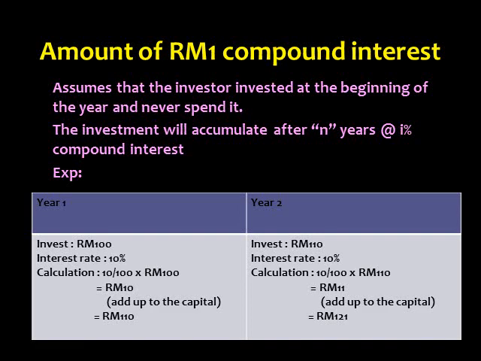This is what will happen year by year after a certain period of time. This is what we want to calculate: the accumulated or compound amount of RM1. Your money is accumulated every year over the investment period.